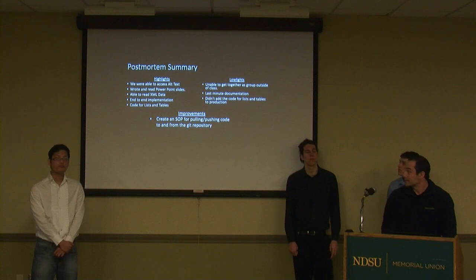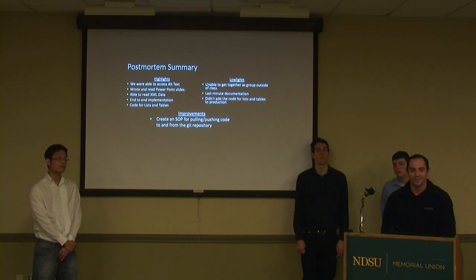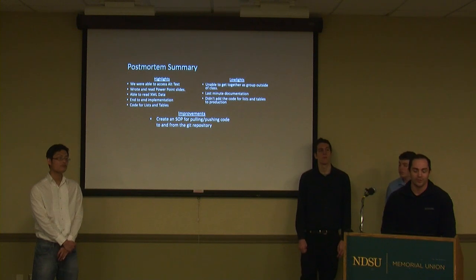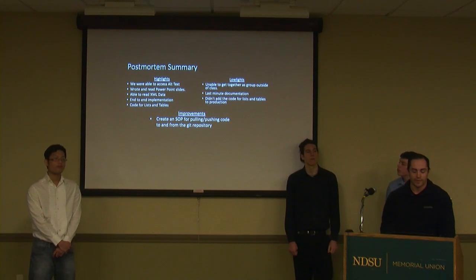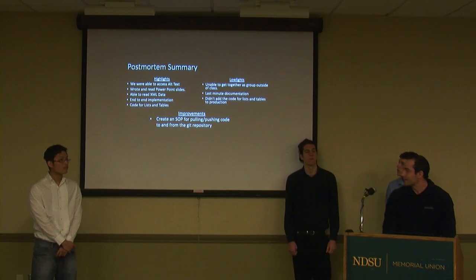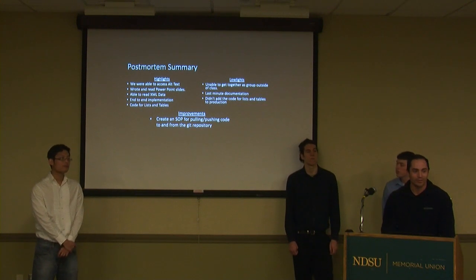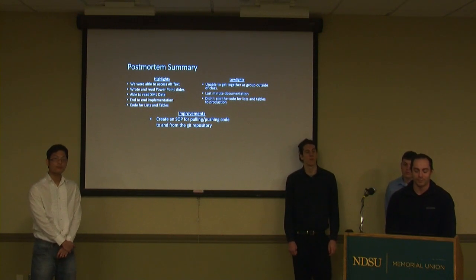We were unable to get together very often outside of class, a lot of last-minute documentation at the end of the week while we were coding earlier in the week, and then didn't add that code for lists and tables to the end-to-end. And improvements, probably create a standard operating procedure for pulling and pushing, just so we don't have any merge conflicts or anything like that if we were to do this project again.